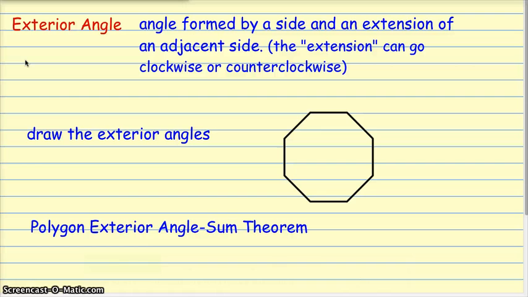An exterior angle is an angle formed by a side and an extension of an adjacent side. The extension can go clockwise or counterclockwise. Drawing the exterior angles: pick a side and extend it, and continue extending every side. There will be the same number of exterior angles as interior angles, and likewise the same number of sides as angles.